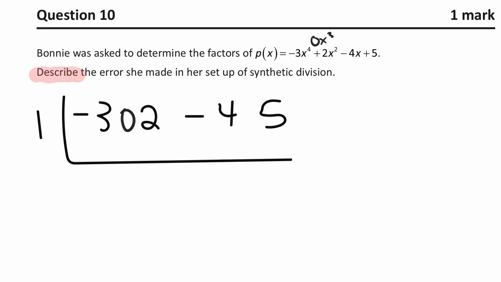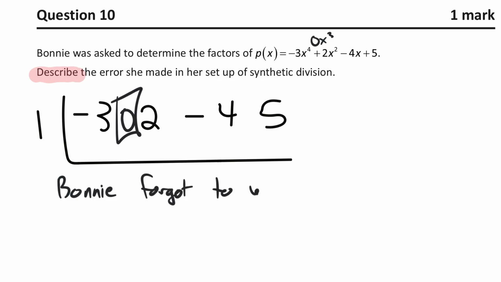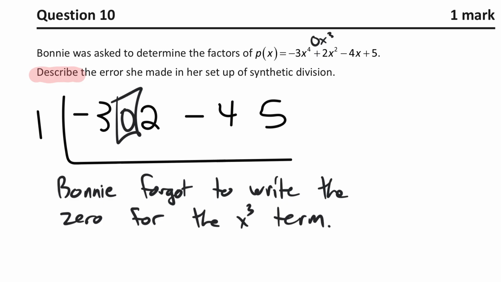But we can't just do that. We have to describe what happened. So we could say Bonnie forgot to write the 0 for the x cubed term. Something like that.